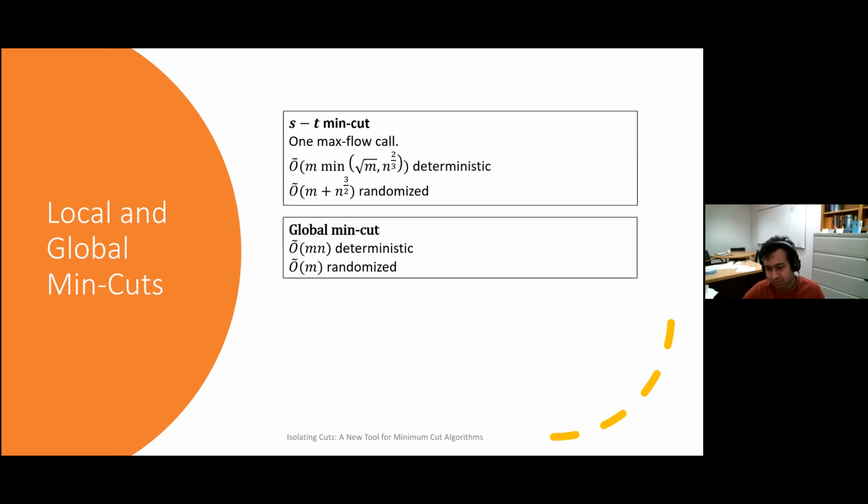So one question that arises is whether we can obtain global min-cuts deterministically in about the same time that we can do randomized. At least one effect of that would be establishing this clear hierarchy that global min-cuts are indeed easier than ST min-cuts.